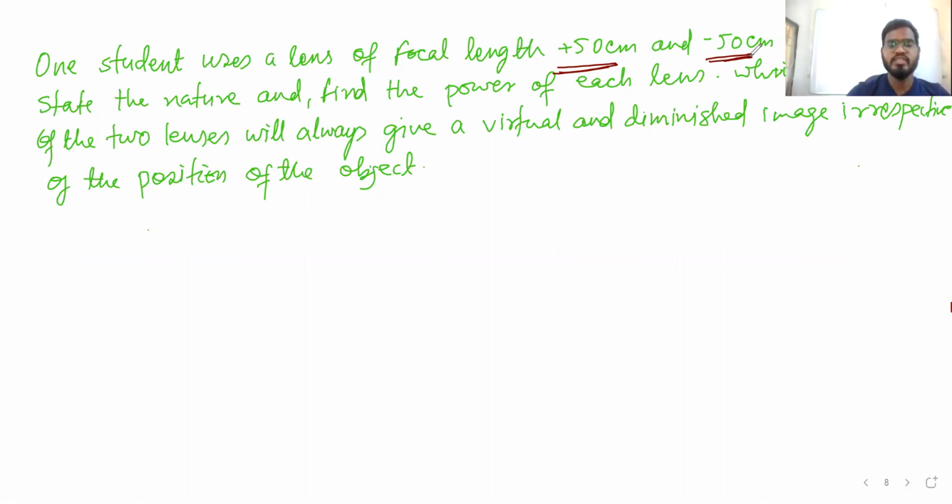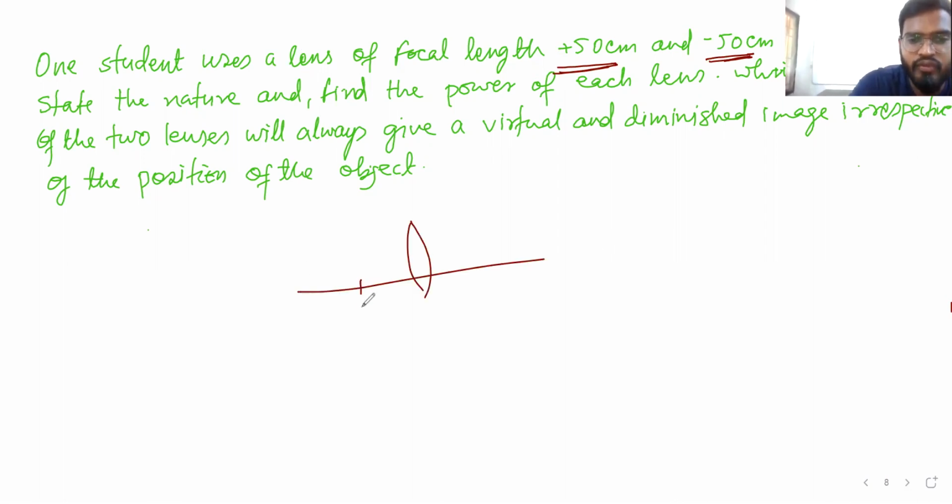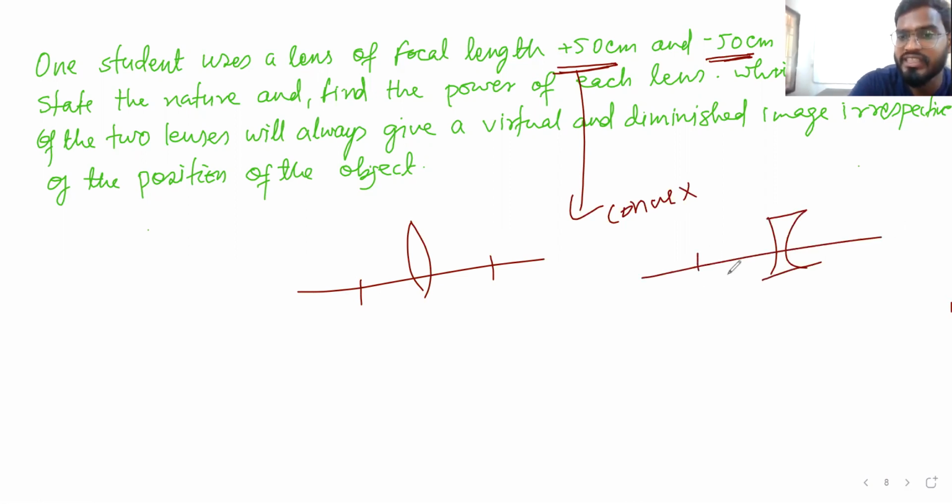Now see, one lens has focal length plus 50 centimeter. Now you have to think which focal length is always negative and which is always positive. The focal length of a convex lens is always positive, so this will be the convex lens. For the concave lens, the focal length is on the same side as the object, so it is the concave lens.